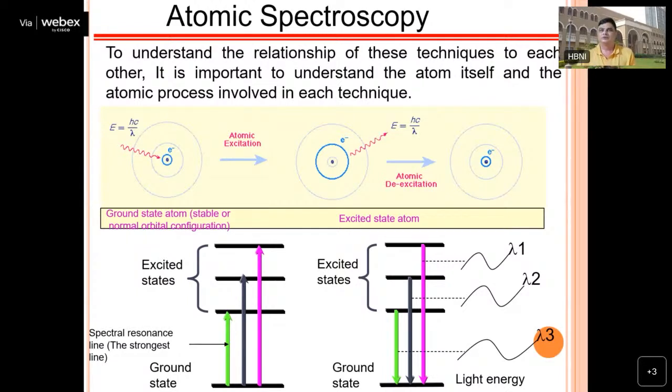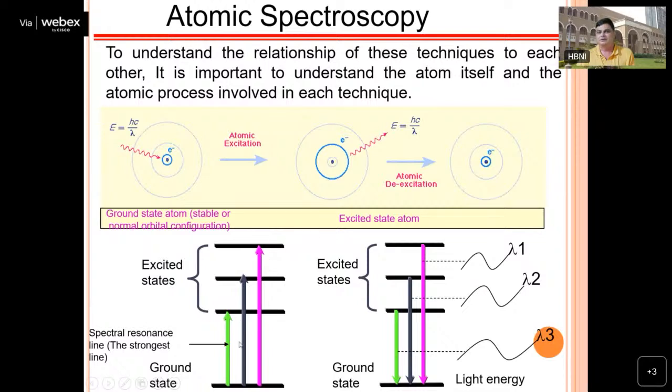Okay, so this is how radiation interacts with metals. Basically, radiation interacts with the electrons, and when a transition takes place from the ground state to the excited state, energy is exchanged with the system.